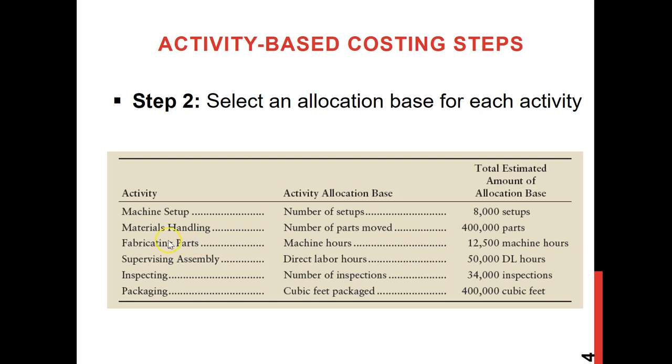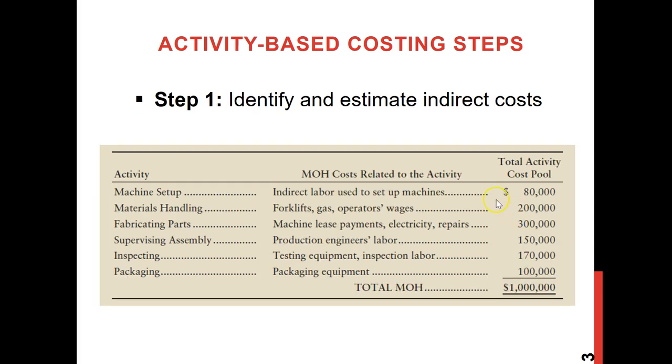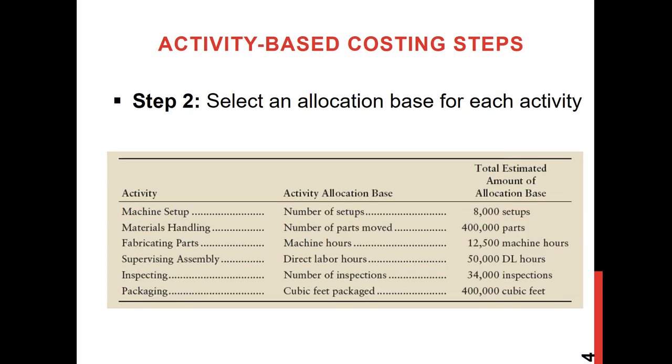Fabricating parts. This type of activity and the cost related to this activity is driven by machine hours. And their total estimated machine hours is 12,500. So now here what we are doing, we are looking into each and every activity. We are checking what are those total estimated costs, and at the same time we are checking what are the total amount of allocation bases.